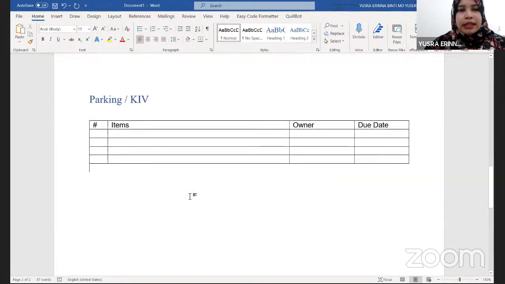The last thing that you need to do at the footer is, of course, minutes prepared by, and then approved by. This one also you need to refer to the format being used by your department.